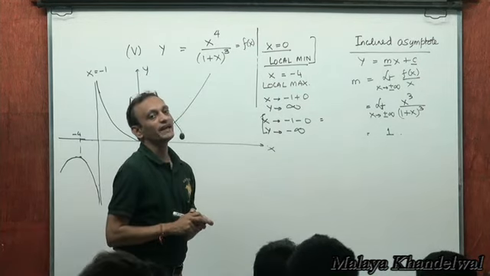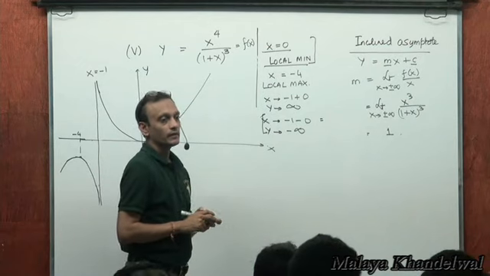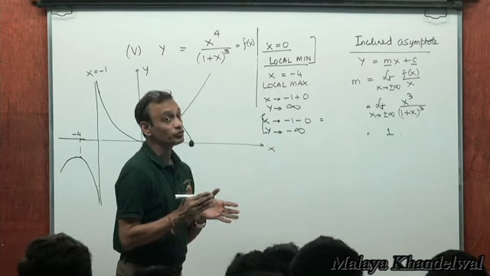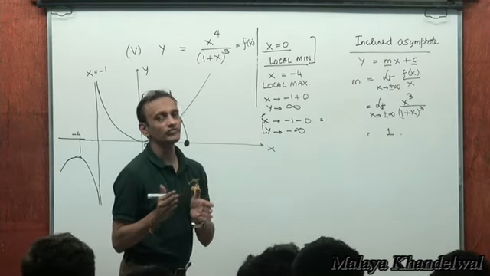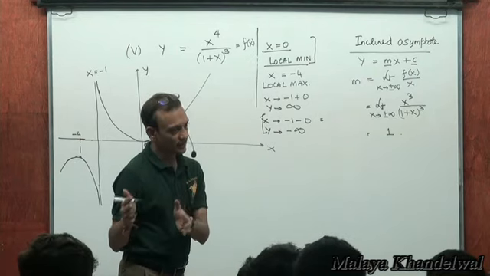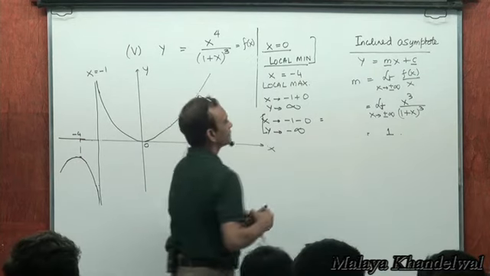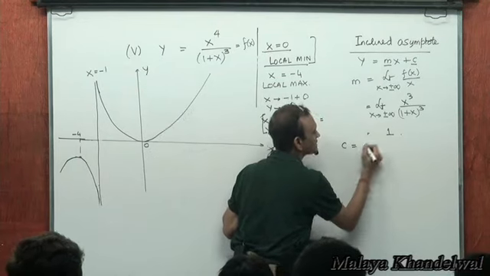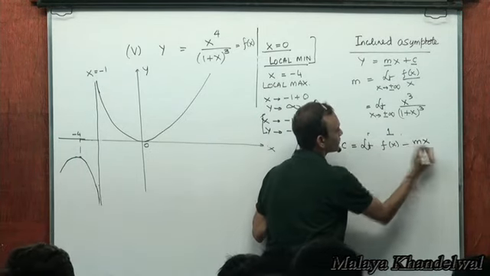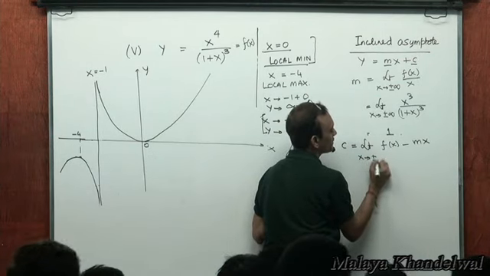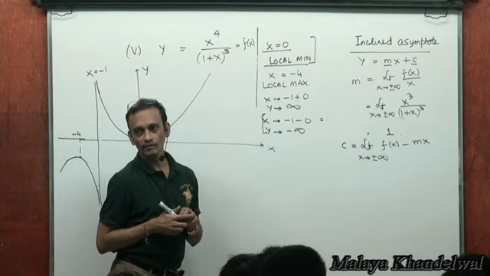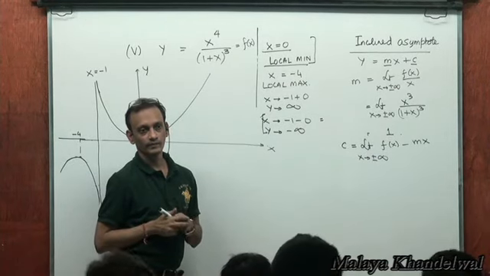What would c be? c would be the limit as x tends to infinity of f(x) minus mx. Right? So if there exists a c, then that c must be the limit of f(x) minus mx as x tends to plus minus infinity. Yes or no?